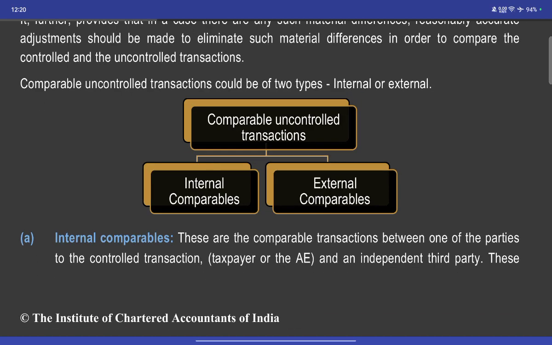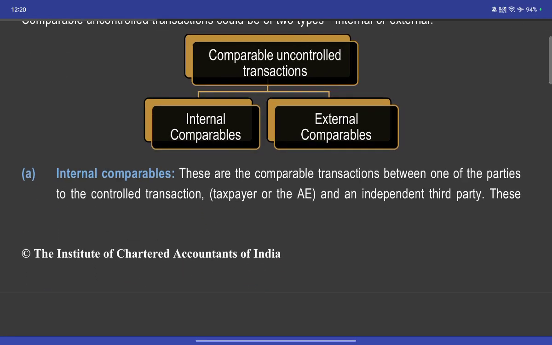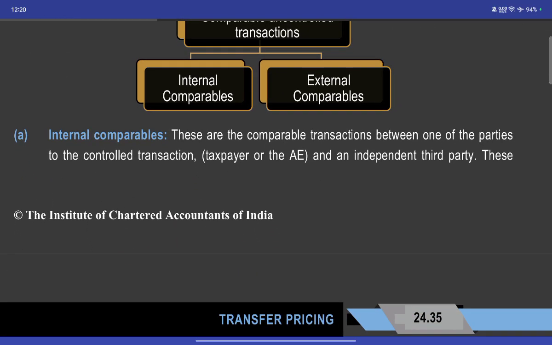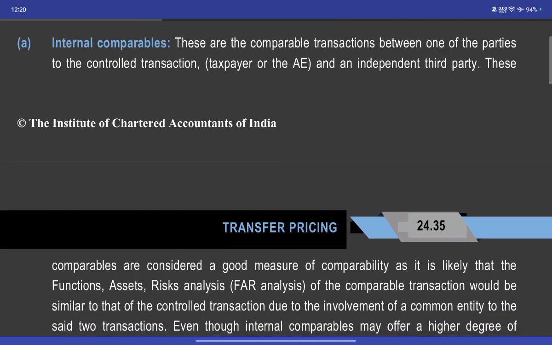Comparable uncontrolled transactions are of two types: internal comparables and external comparables. Internal comparables are comparable transactions between one of the parties to the controlled transaction, the taxpayer or the associate enterprise, and third parties.